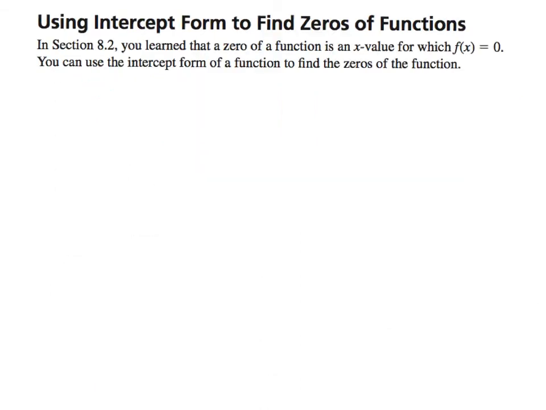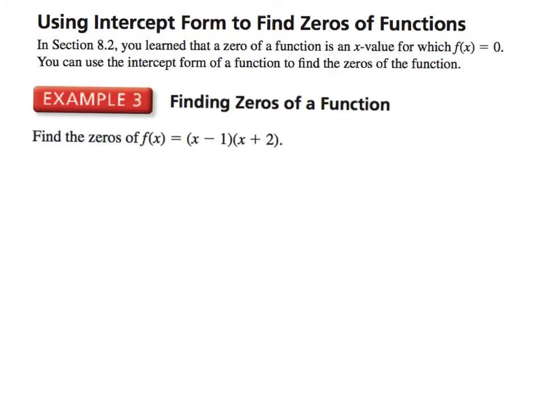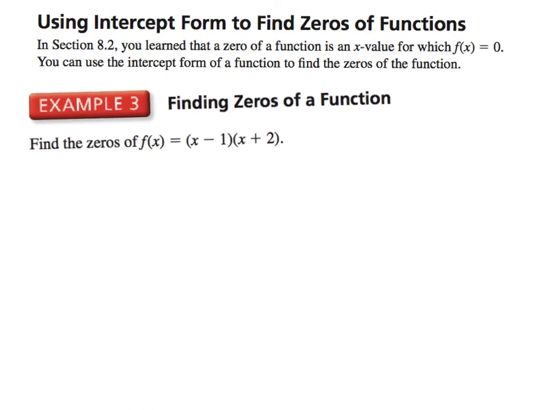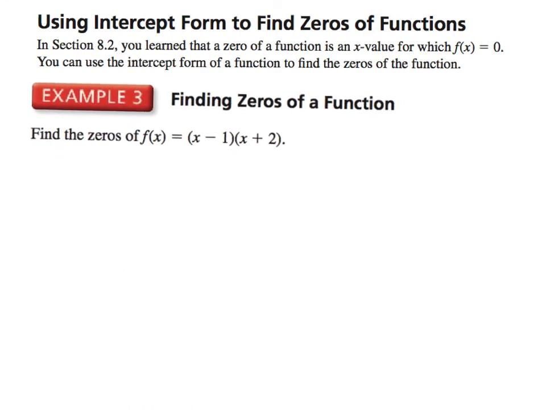We are now going to use intercept form to find zeros of a function. In section 8.2, you learned that a zero of a function is when the y value, f of x, equals 0. You can use the intercept form of a function to find the zeros of a function. And this is actually really easy. Here's the function right here.